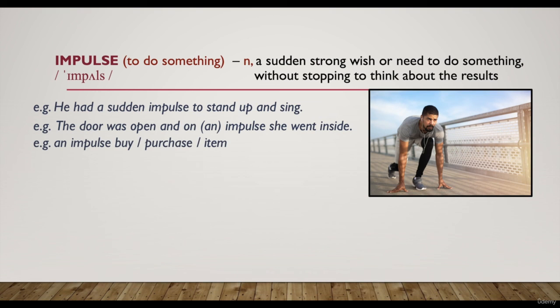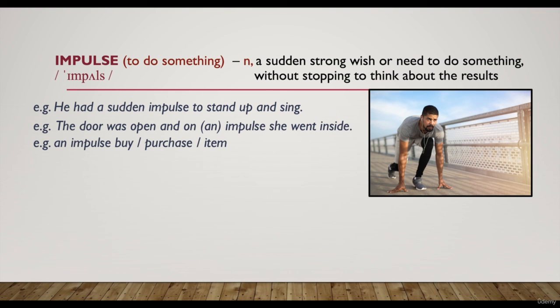You can talk about an impulse buy, an impulse purchase, which means when you buy something without thinking. The item that you bought or the action of buying that is called an impulse buy or an impulse purchase. For instance, the dress I bought yesterday was an impulse buy.